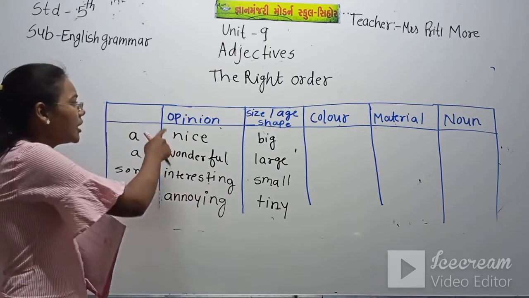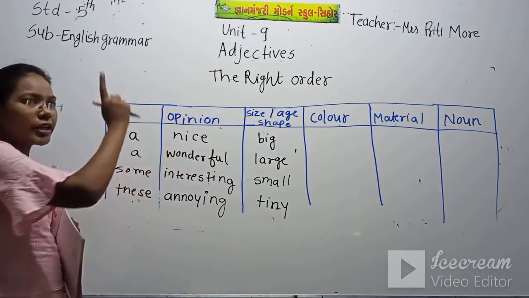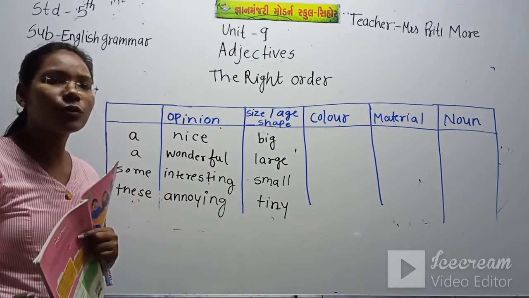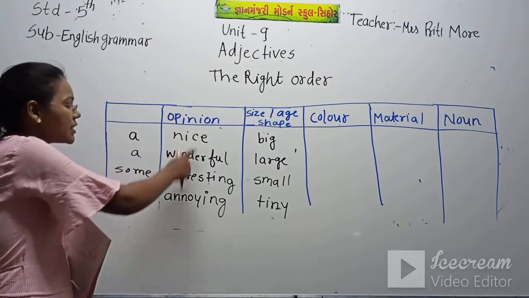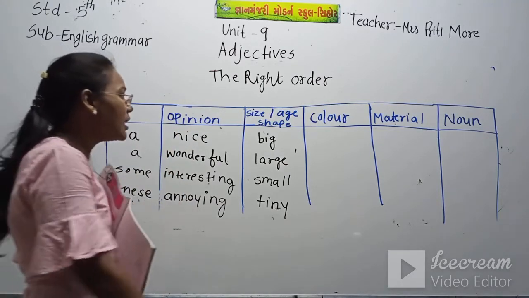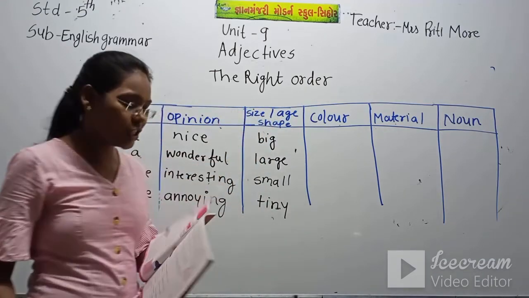Now, if size, shape or age and opinion are both mentioned, what do we write first? We write the opinion first, then we mention the size, age or shape.